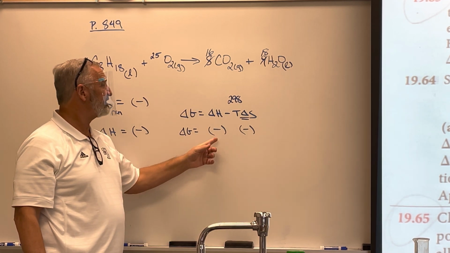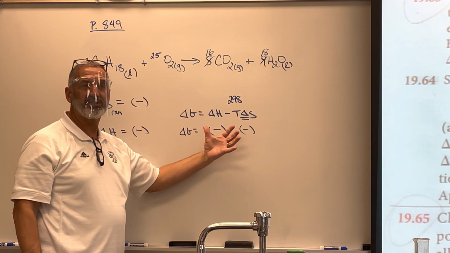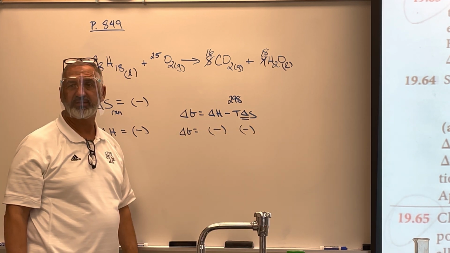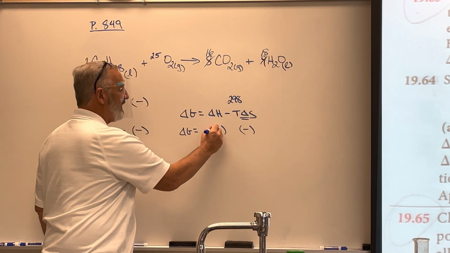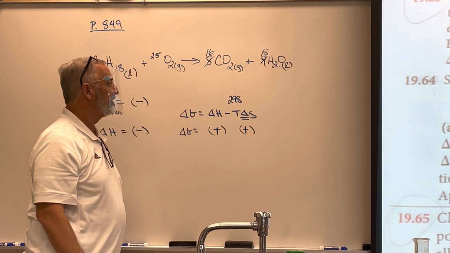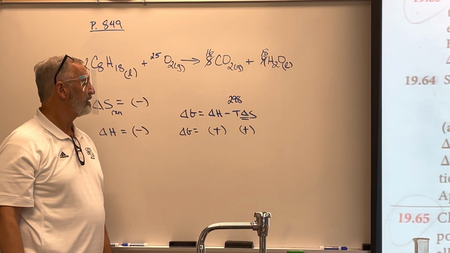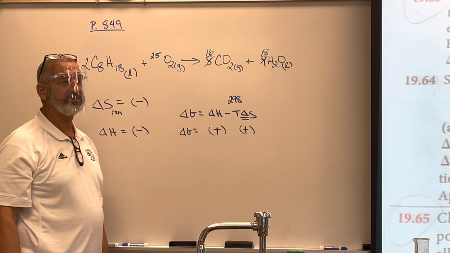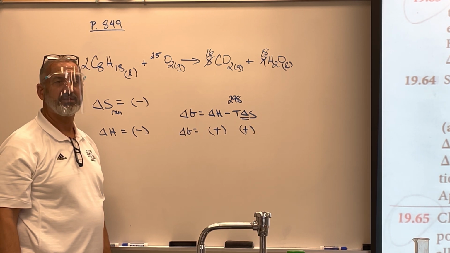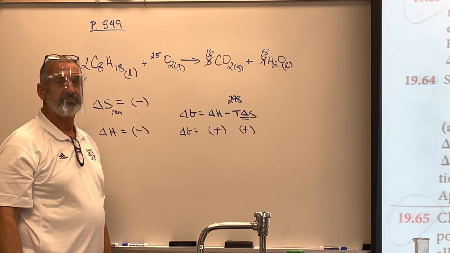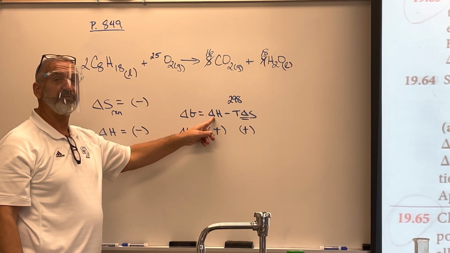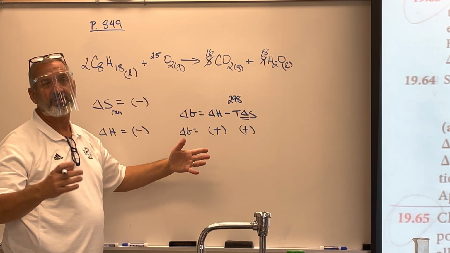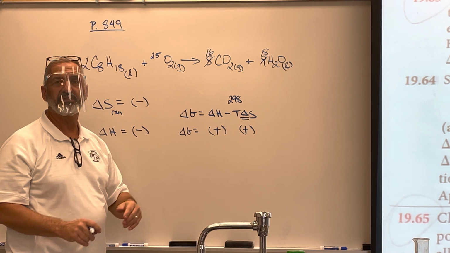So again, you just have to put it in mathematically and kind of work it out and see how it affects it. If these were both positive, okay, what's it going to make as far as delta G? Make it less positive, right, or more negative, or it's going to be going closer to 0.